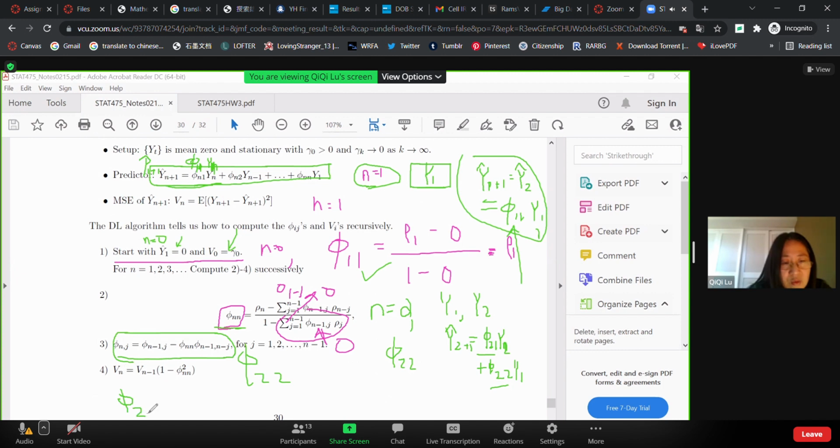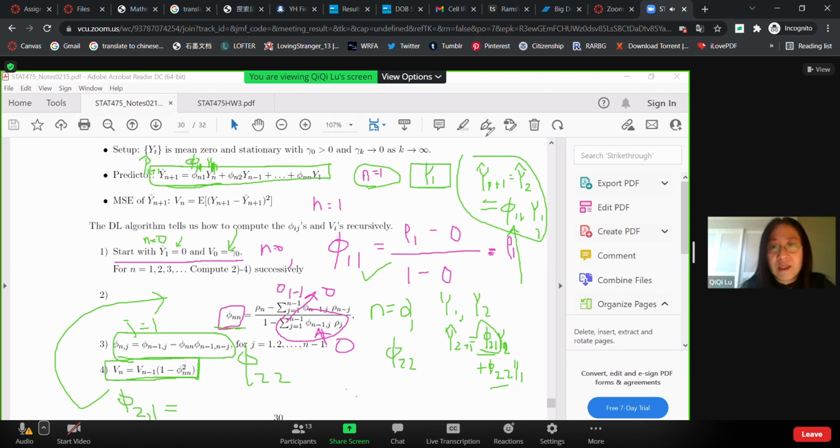So when j equals 1, you do phi21. You set j equals 1 here, and then you find phi21 right here. And calculate this mean square error. So that's for n equals 2, and then you go back to calculate n equals 3, and so on. So we call this a recursive algorithm.